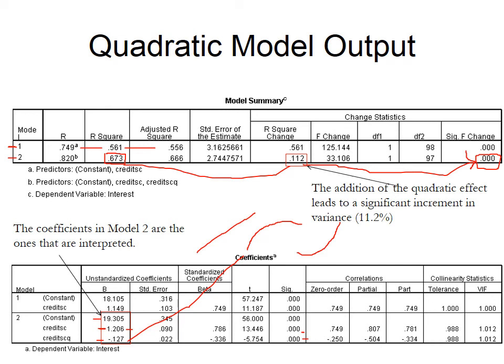If it were positive, we'd start off slower and then get quicker as we go. So this negative tells us that our curve is going to bend like this. And you can see that the linear term and the polynomial term are both significant.